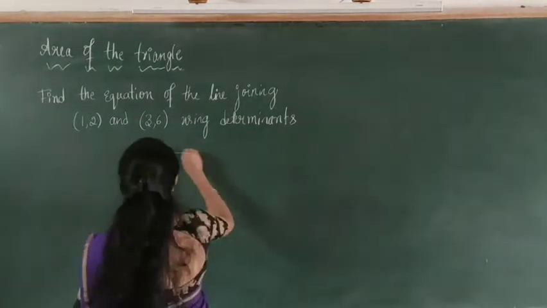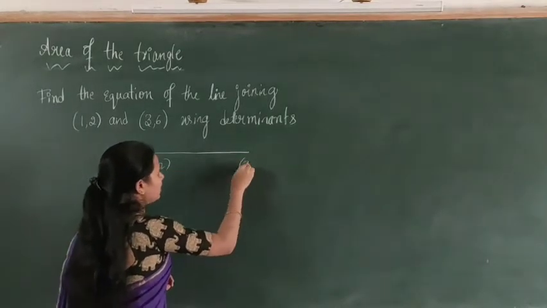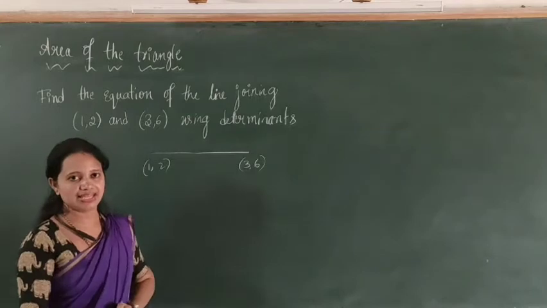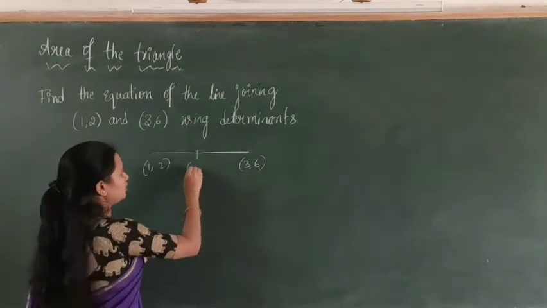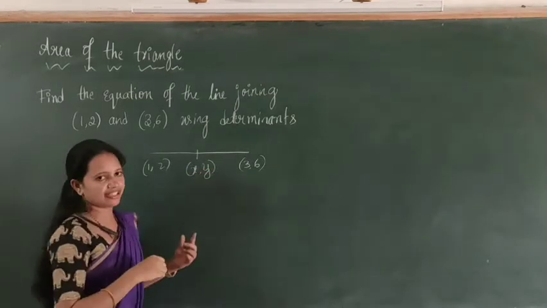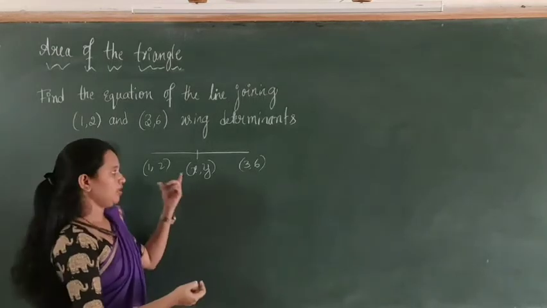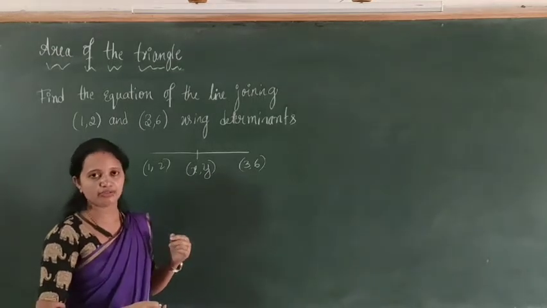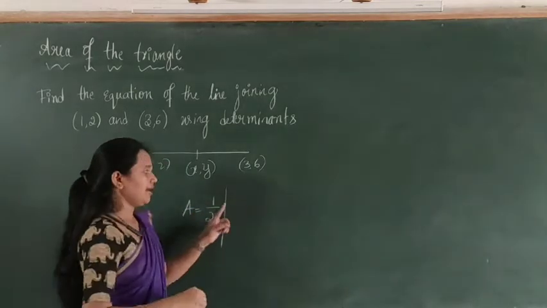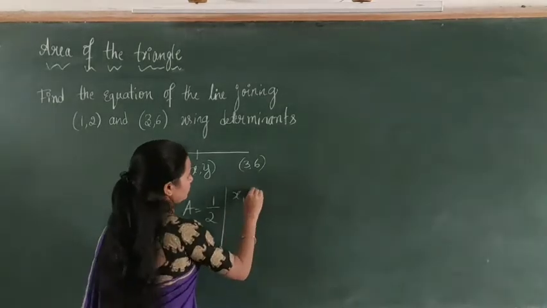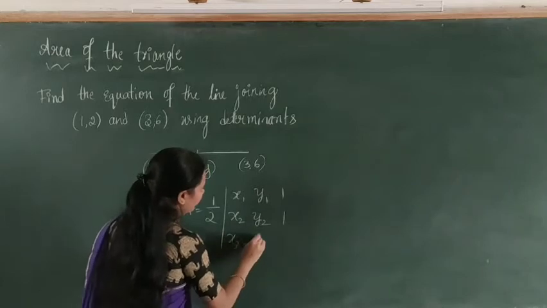So if we consider this as a line, and this point as (1, 2) and this point as (3, 6), and we are taking another third point, as we don't know that point, we are taking that point as (x, y). So now we can use these 3 points in the area of triangle formula. The formula is half into determinant of x1, y1, 1, x2, y2, 1, x3, y3, 1.